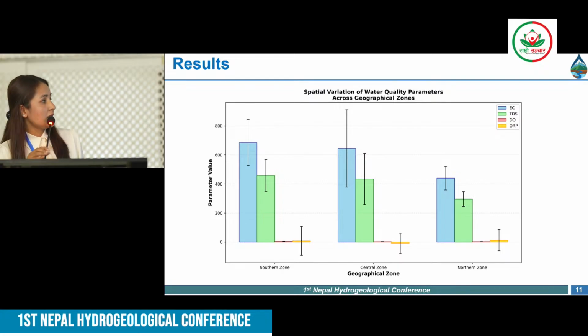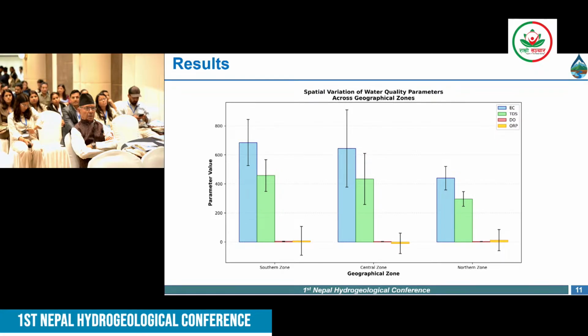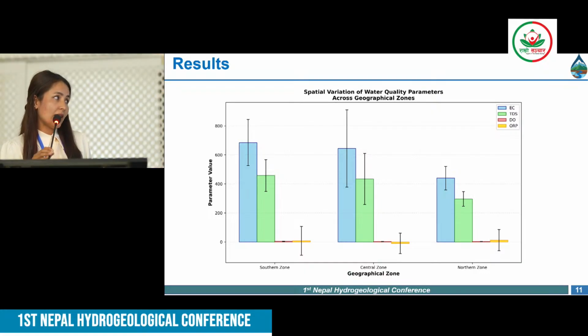In the same way, parameters are distributed on the basis of geographical location, that is, more visible parameters can be observed in the southern part, followed by the central part and northern part. So precipitation existed in the southern part as we move from Chisapani towards the Nepal-India border.